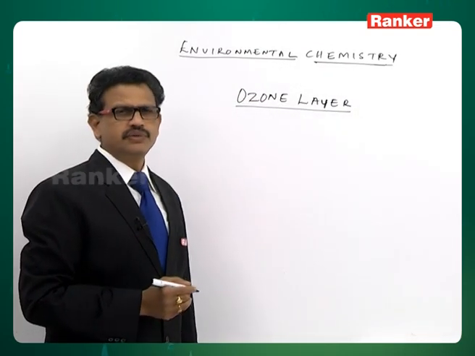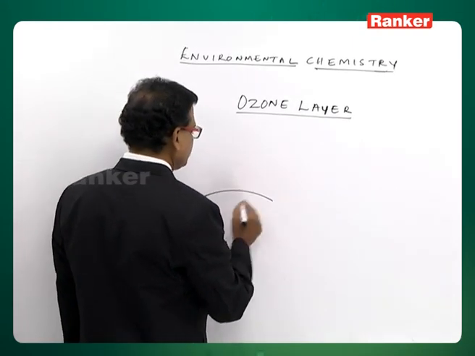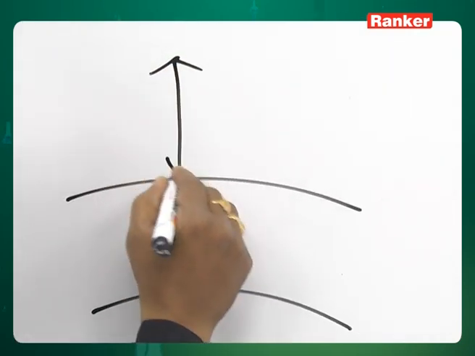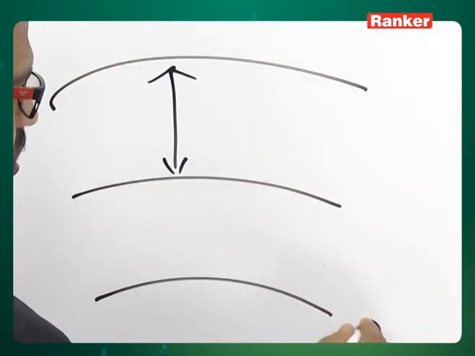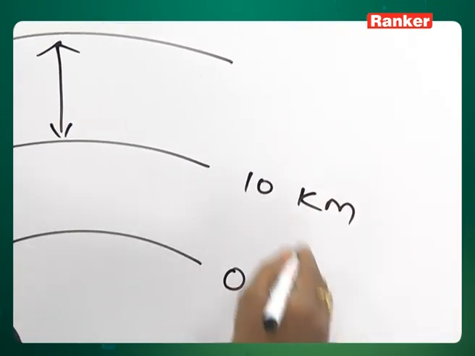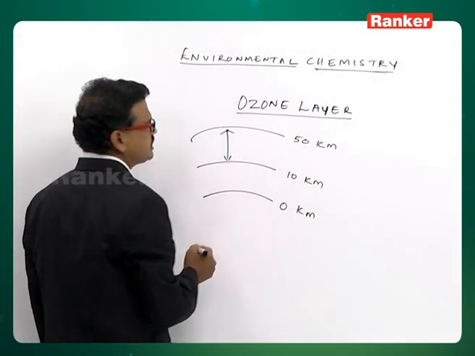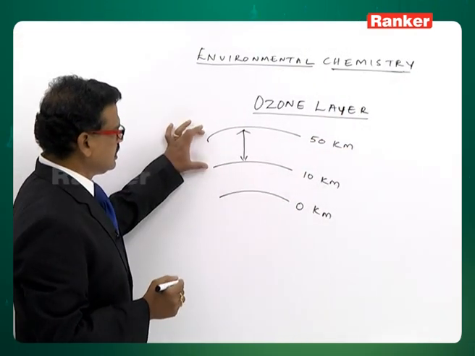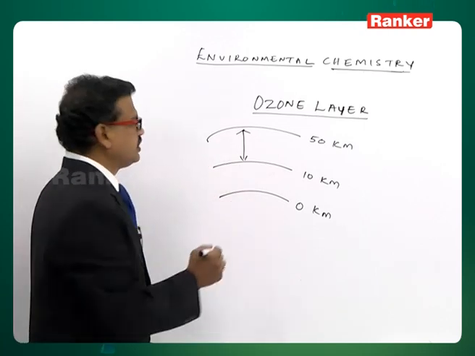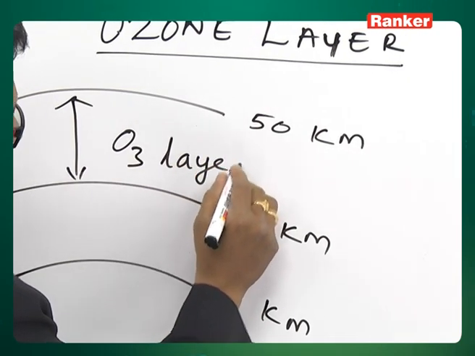This ozone layer is present from 11 to 50 kilometers. This is 0 to 10 kilometers. This is 10 to 50 kilometers. In this 10 to 50 kilometers from the Earth's surface, you can find this ozone layer.